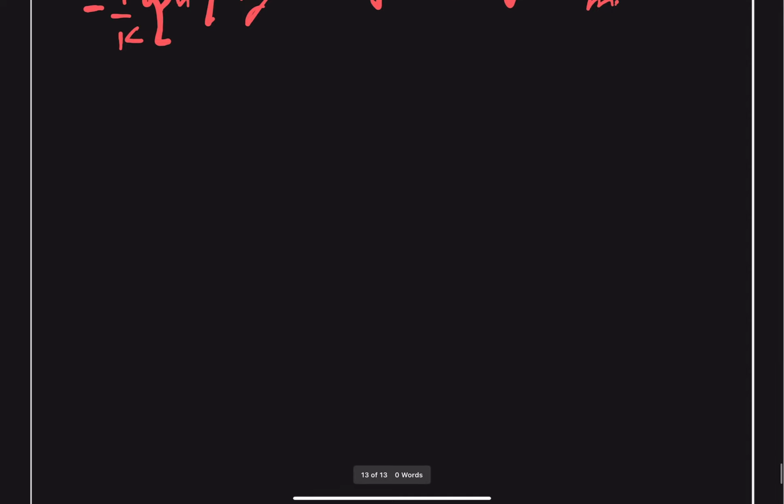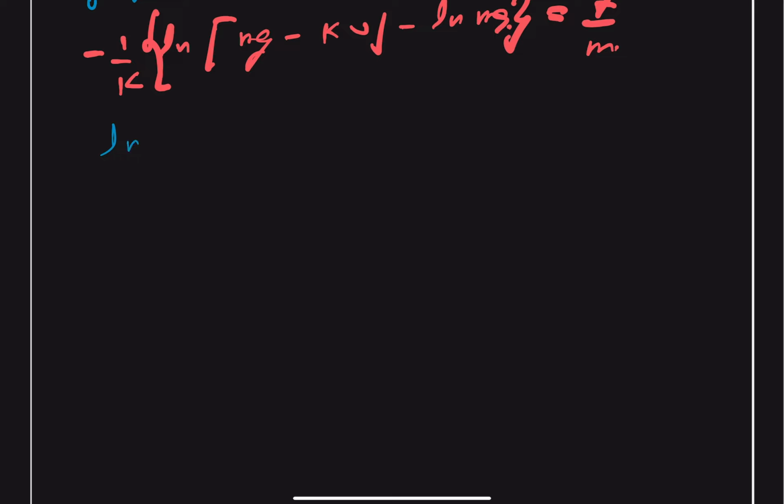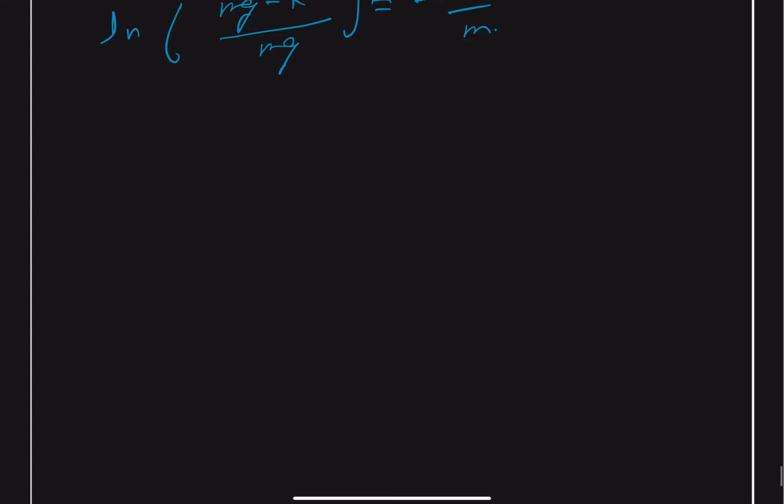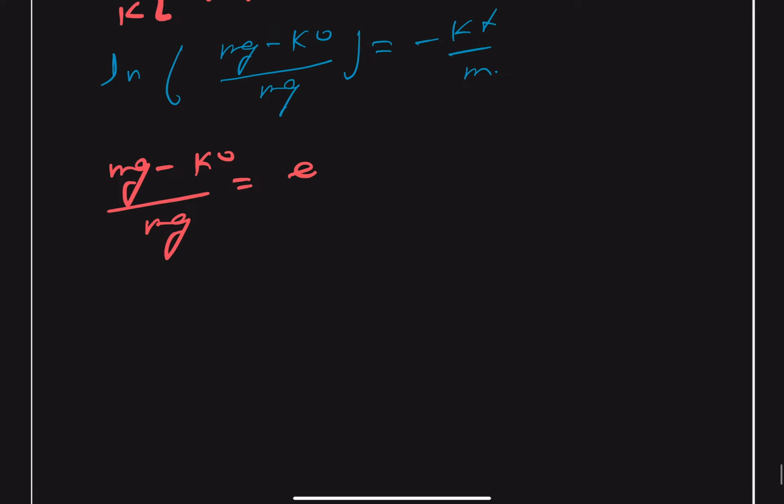And we can write this further as natural log of mg minus kv divided by mg is equal to minus kt upon m. Now it is a simple calculation. We can write this as mg minus kv divided by mg is equal to e raised to the power minus kt upon m.